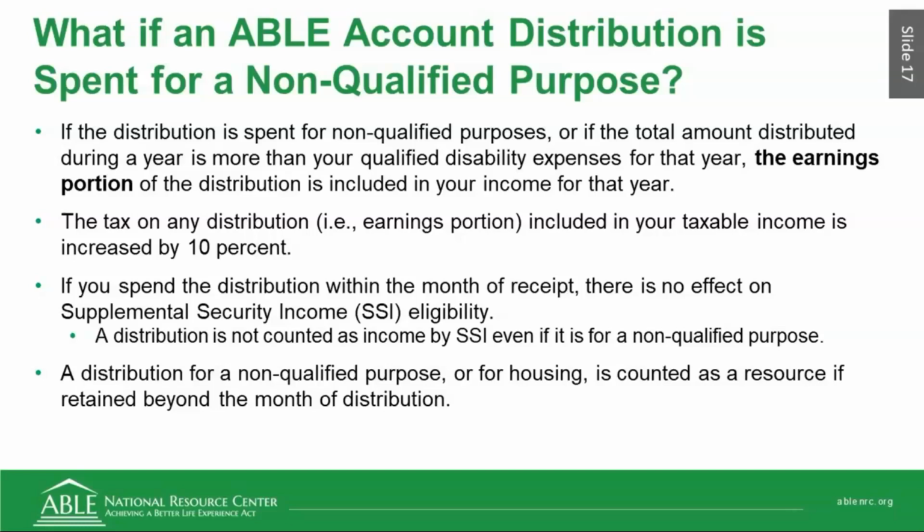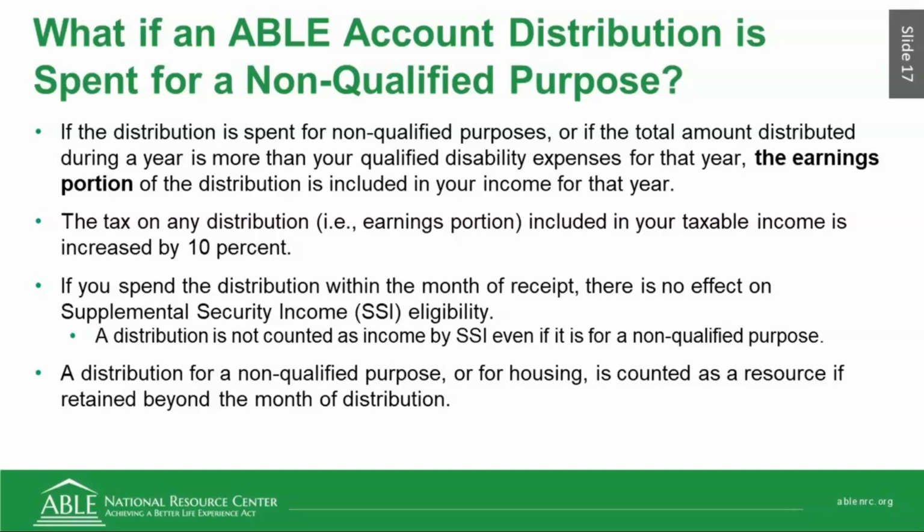And I'm going to talk about IRS policy first, and then I'll talk about SSI policy. If you look at those first 2 bullets, let me read them to you, but then let me give you a practical example. If the distribution is spent for non-qualified purposes, and I'm going to pick the extreme example, it's spent on family Christmas presents.